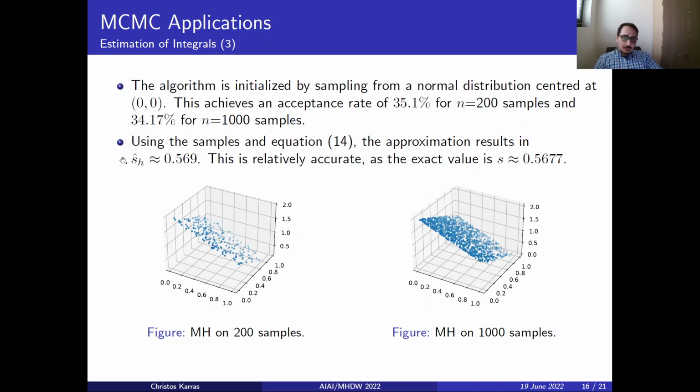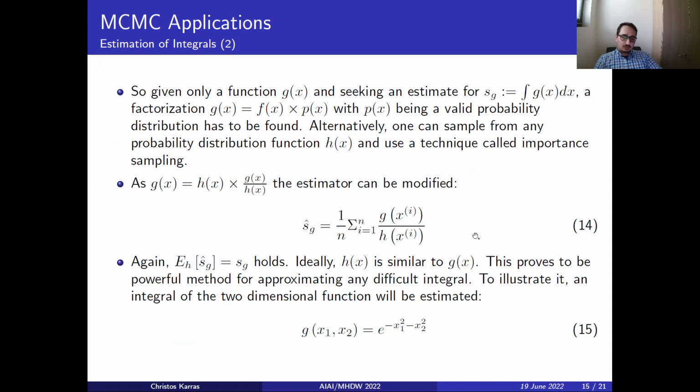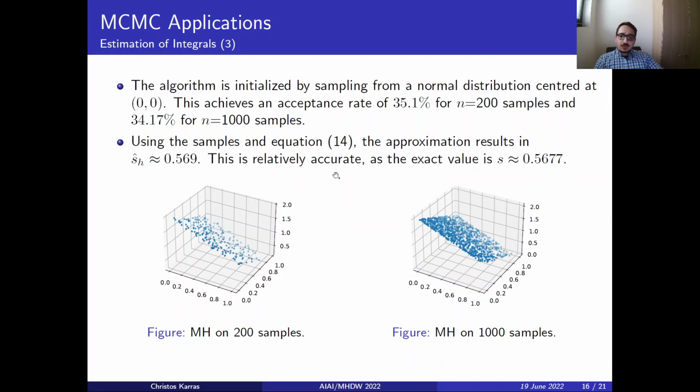Using these samples and equation 14, which is basically the estimator, we can approximate the function. This gives us an S hat, the approximation, close to 0.569, which is relatively accurate, as the exact value of S for the initial function is 0.5677. As you can see, these are close to each other.